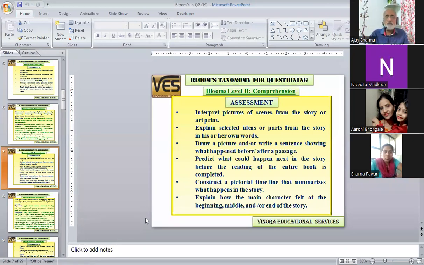Let us say the third part: draw a picture or write a sentence showing what happened before or after a passage. You will be given a passage, let us say 20 words, 30 words, 3 sentences, 5 sentences. You read it and then comprehend what happened before this, or what might have happened after this. Let us say, for example, it was raining very heavily when Ankita started her scooty to school.